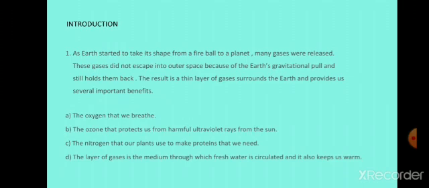The benefits are: 1. The oxygen we breathe. 2. The nitrogen that our plants use to make protein that we need. 3. The layer of gases is the medium through which fresh water is circulated, and it also keeps us warm.